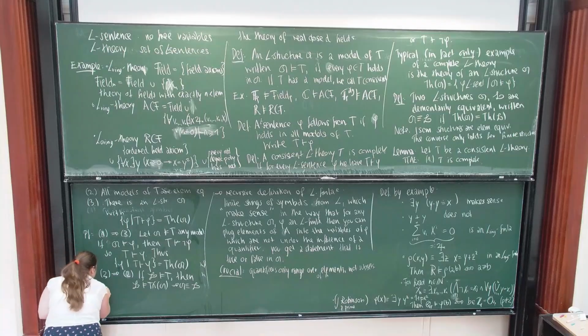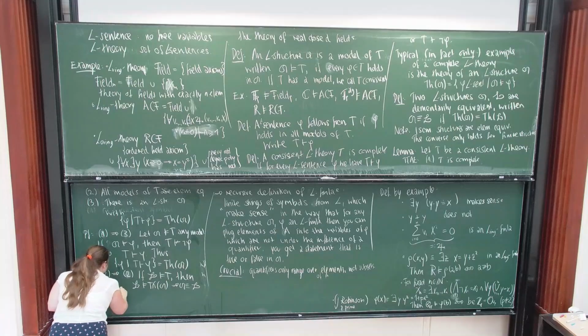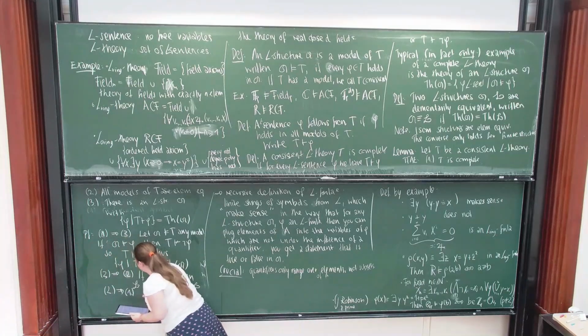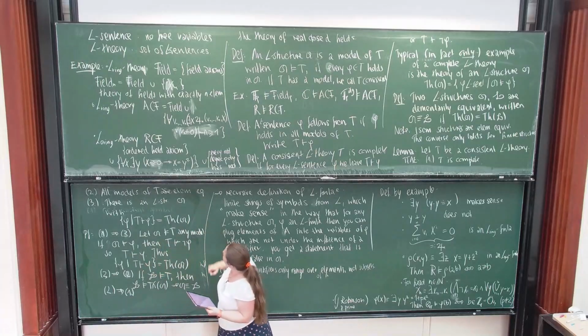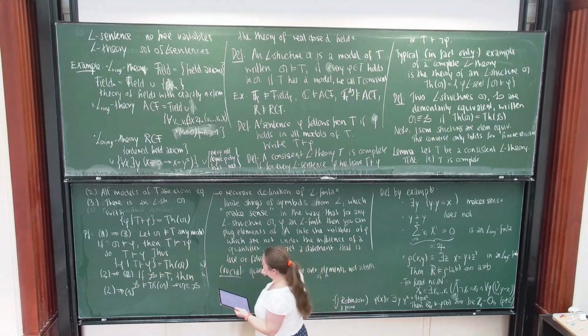And finally, from where do I need to go? From 2 to 1. So what do I have? All models are elementarily equivalent, and I want to show T entails every sentence or its negation.